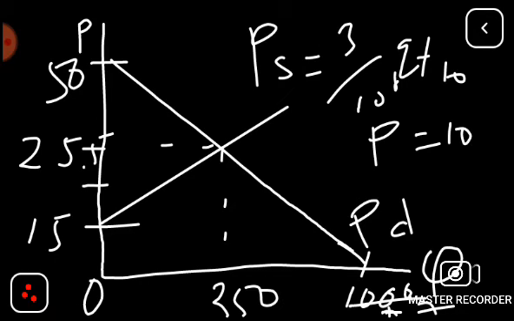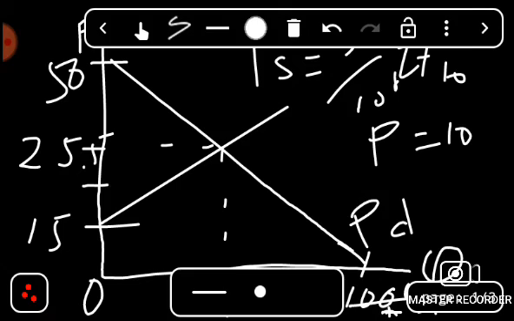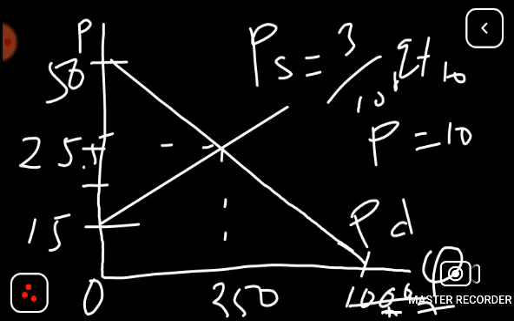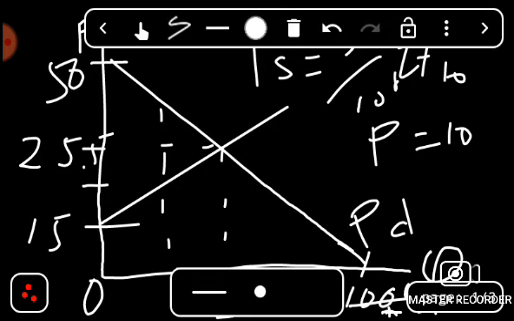Just a minute there, I've made a little bit of mistake. So now we are saying our price is now 10. Remember that the supply curve has been manipulated.